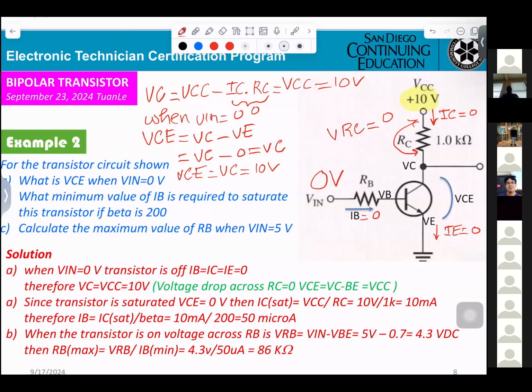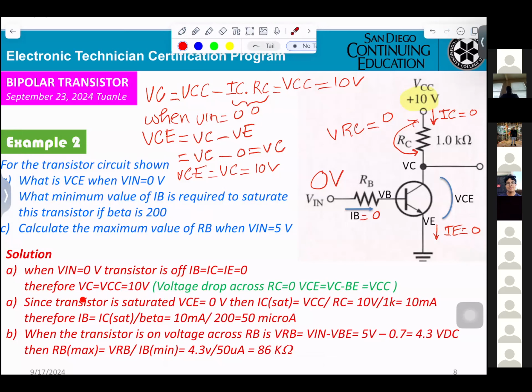So let's see what they try to explain to you here. When V in equals 0, the transistor is off. IB equals IC equals IE equals 0.